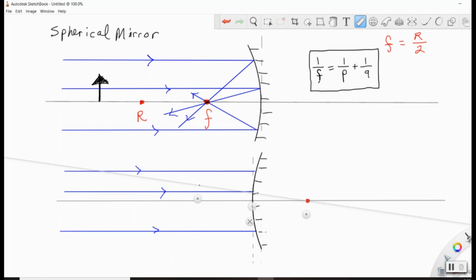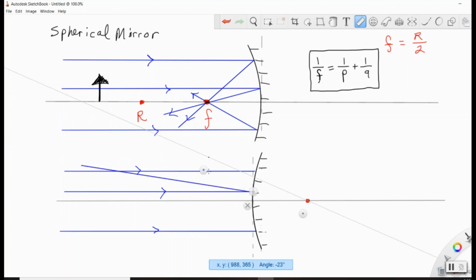So this ray would experience a bouncing away, like so. This ray would experience a bouncing away along this line, and this one along this line, like so.